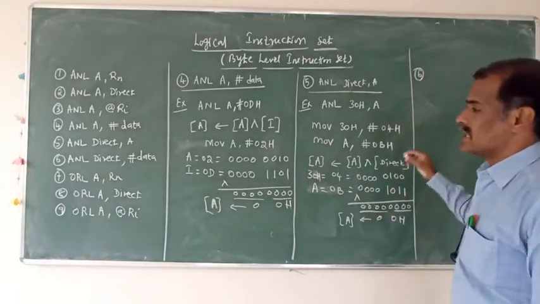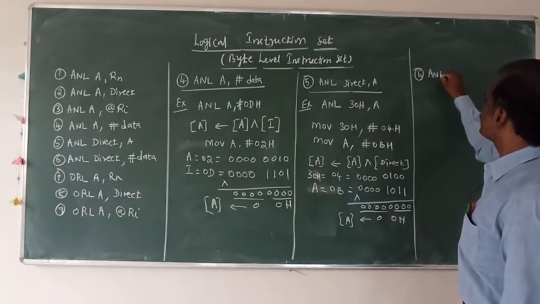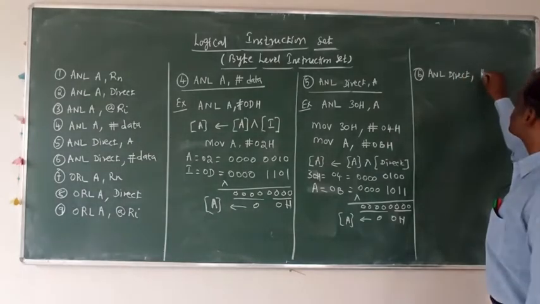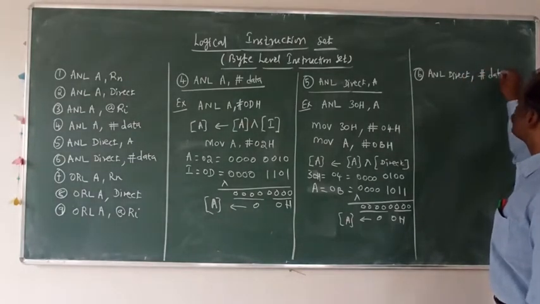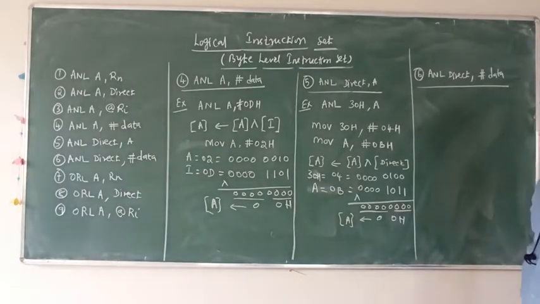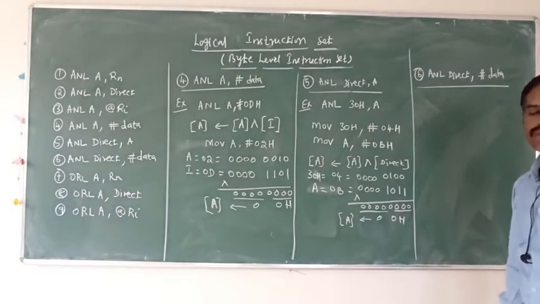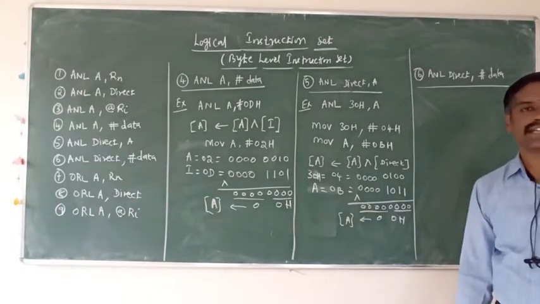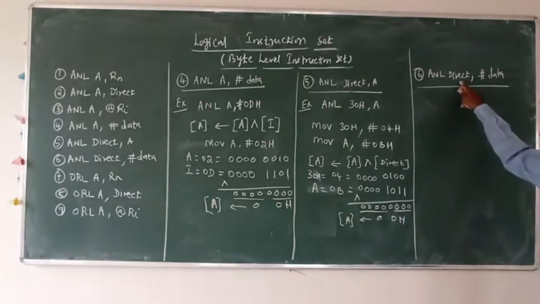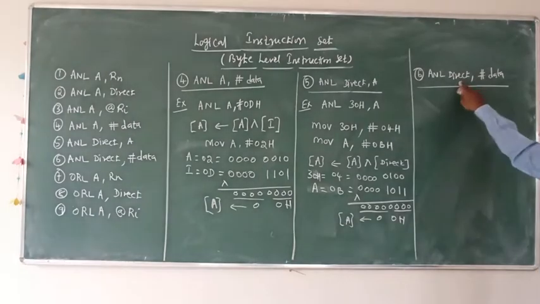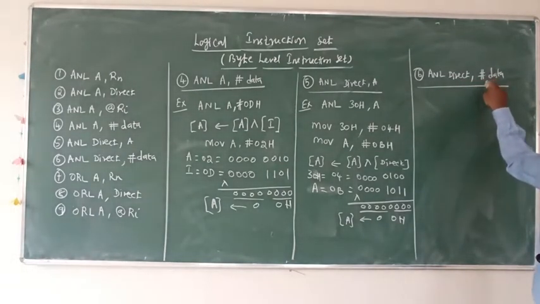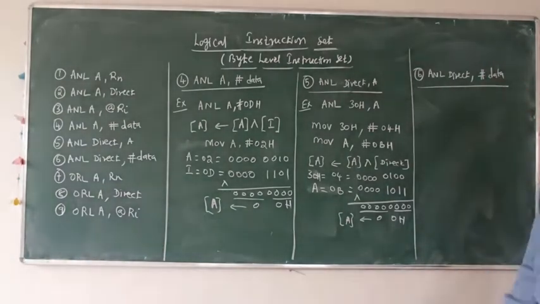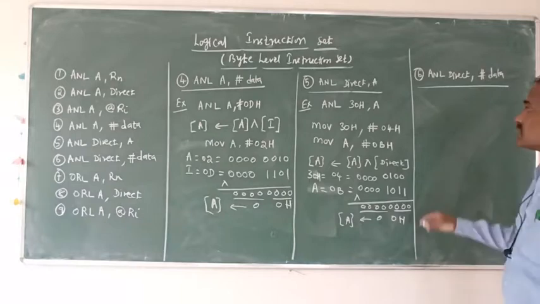instruction, ANL direct comma #data. This is also a logical AND of 8-bit data. Data 1 is in the direct memory address location, and the second data is the immediately given 8-bit data. The hash symbol means immediately given 8-bit data.